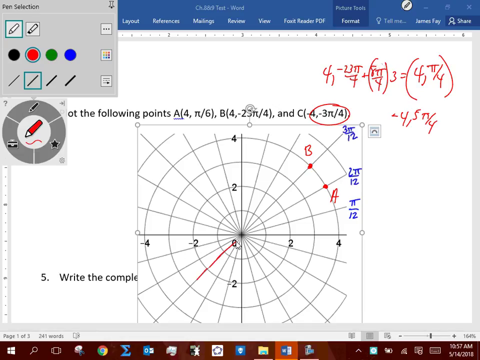You go to the fourth circle, but because it's negative radius, you are then going to go opposite. So it's going to put C right there on top of B. If you're a person that prefers to just look at negative 3π/4 as that angle there, and then go opposite, that's fine, but B and C end up being the same point.